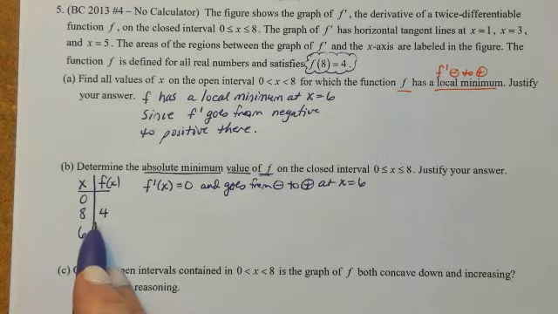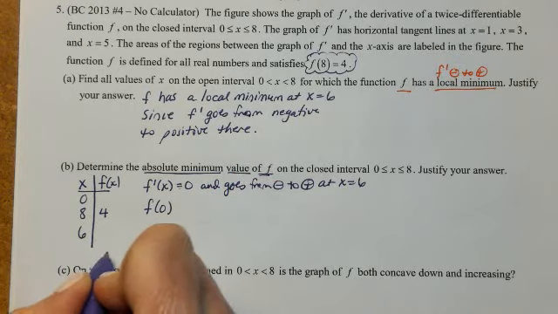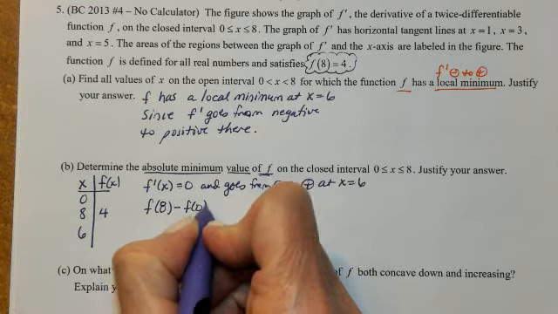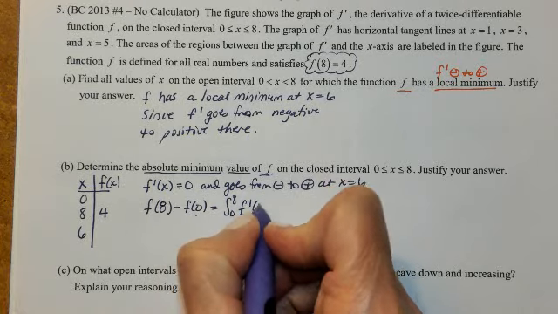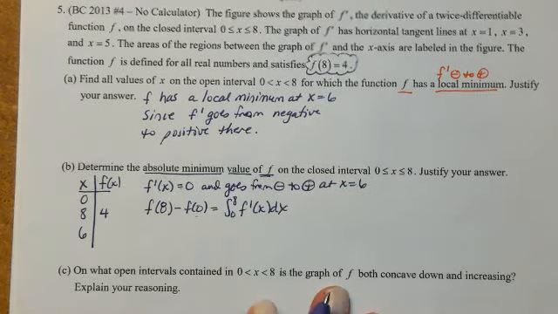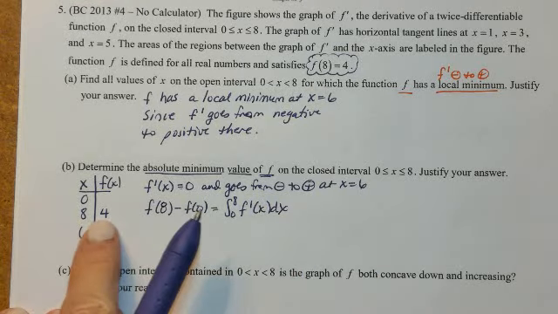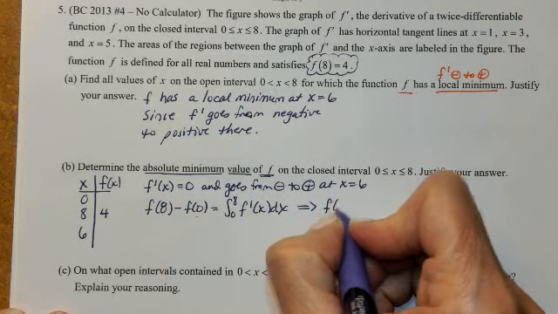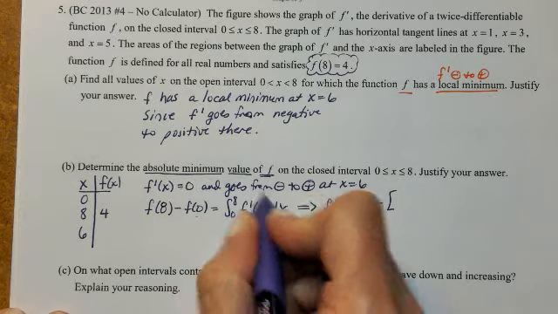And now I'm going to use that with my graph of f prime to find my other values of f. F of 8 minus f of 0, right, is equal to the integral 0 to 8 of f prime. Okay, f of 8 they gave me as 4, so this tells me that f of 0 must be 4 minus that integral.